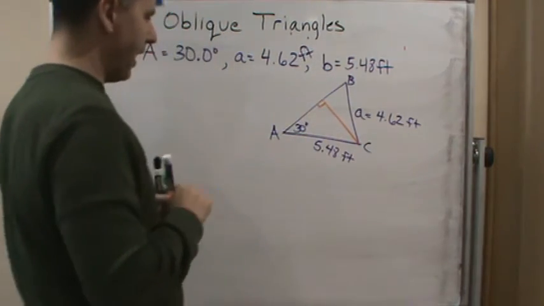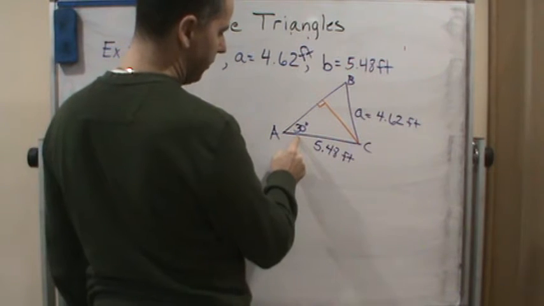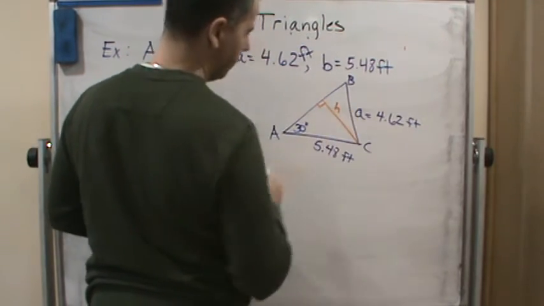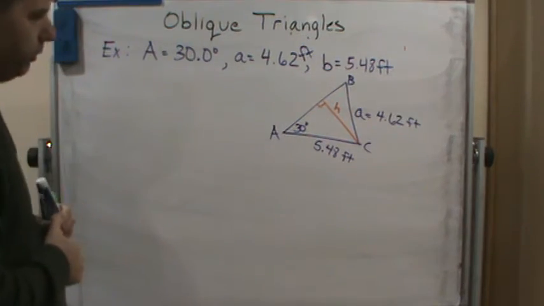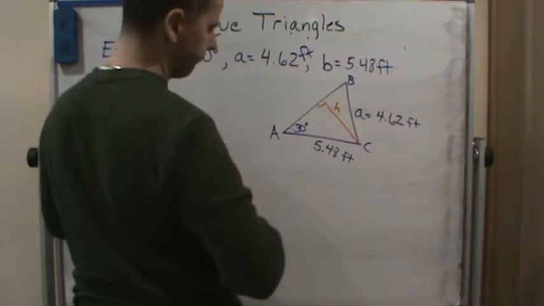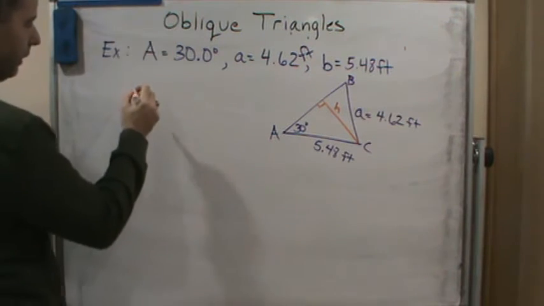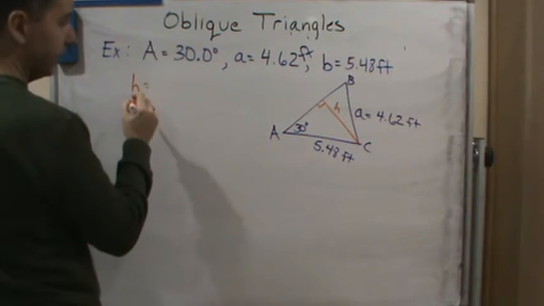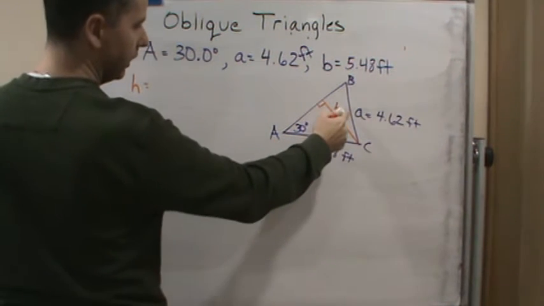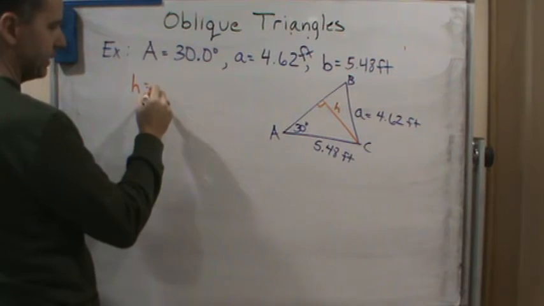So I'm going to take the sine of 30, because this is the height of the triangle. And guess what? The height equals what? Well, sine A equals h over 5.48.